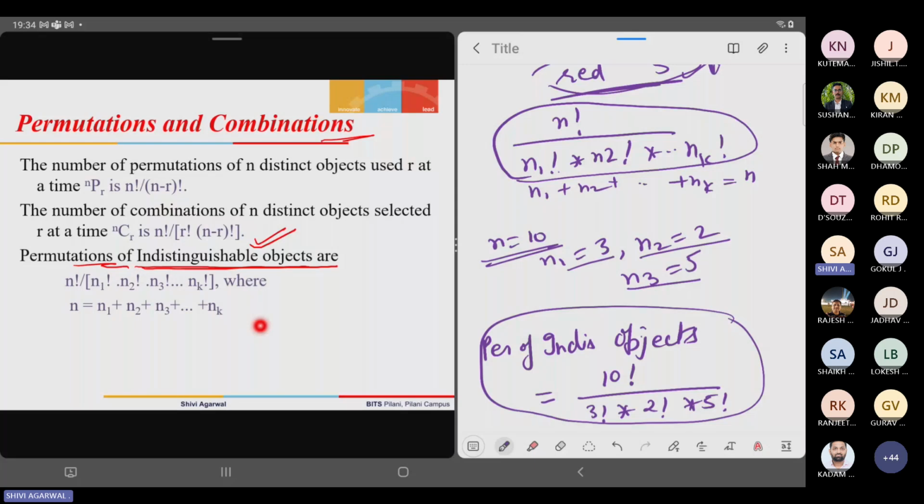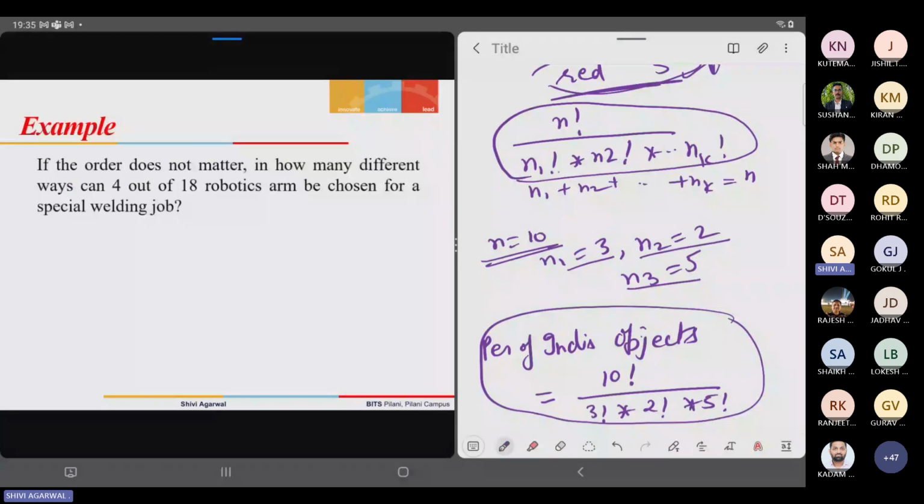Is it clear to all of you? There are other types of situations where we use different formulas. Now I'm taking an example. If the order doesn't matter, we are not using the permutation. If order doesn't matter, in how many different ways can 4 out of 18 robotic arms be chosen for a special welding job?